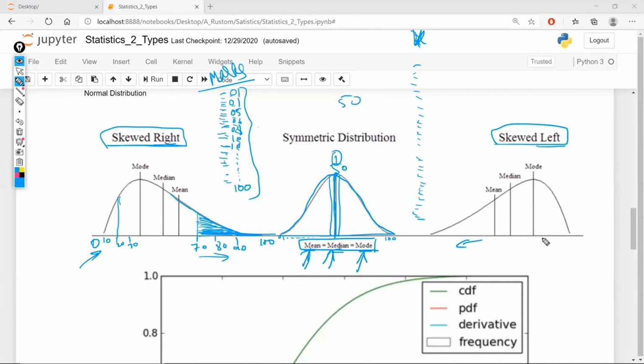In this case, skewed left. Starting from 0 to 100, if I make this 70, we can say that a larger number of students have secured marks greater than 70. And here very few students have secured 10 marks, here 20 marks, and here 30 marks.